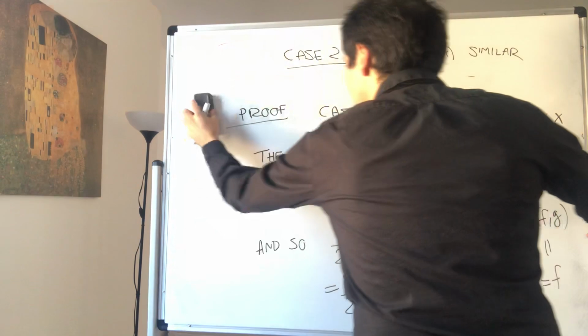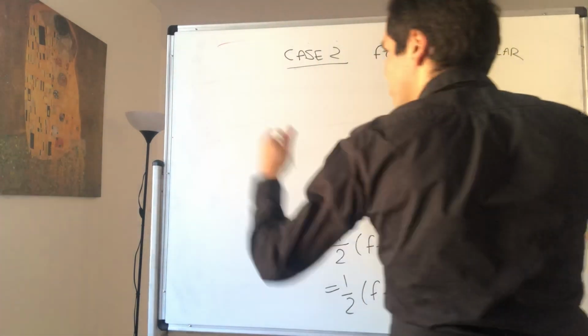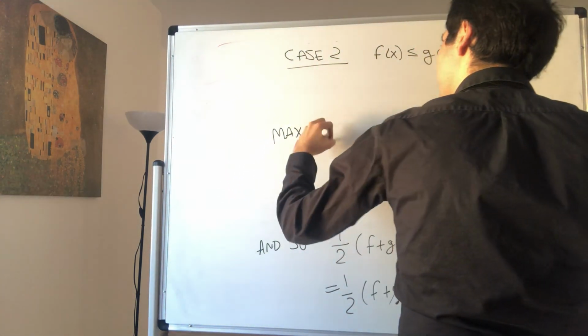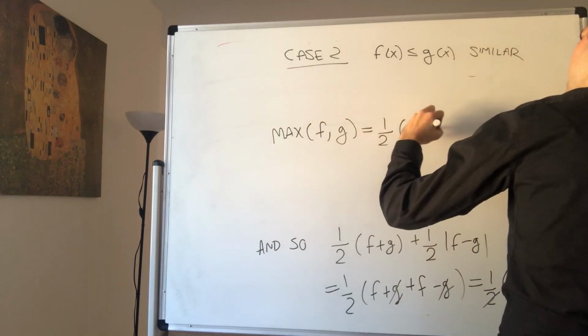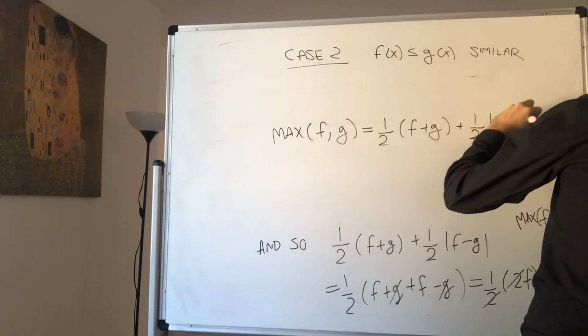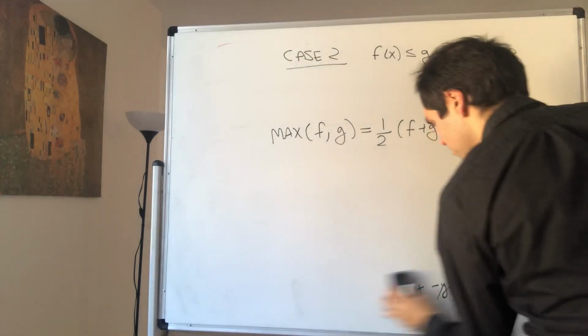All right, very good. And how does that now show that the maximum is continuous? So what do we know? We again know that the maximum of f and g is 1/2 f plus g plus 1/2 absolute value of f minus g. But here's the thing.